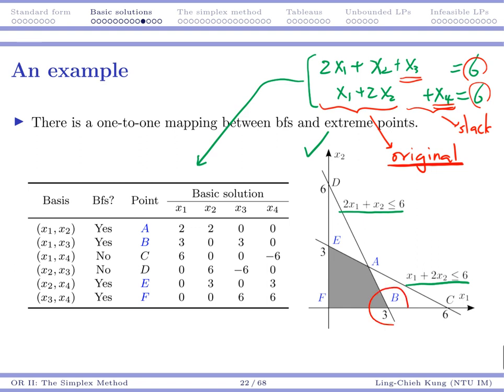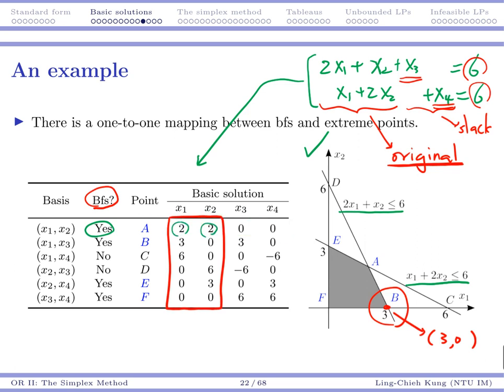Here, each point, for example B, tells you that (3, 0) is a solution. You want to make 3 units of product 1, no units of product 2, and so on. So what do we mean by having a basic feasible solution and converting that back to your original problem? Of course, it is to focus on the original variables. Your basic feasible solution has 4 variables, and we only focus on the original ones.